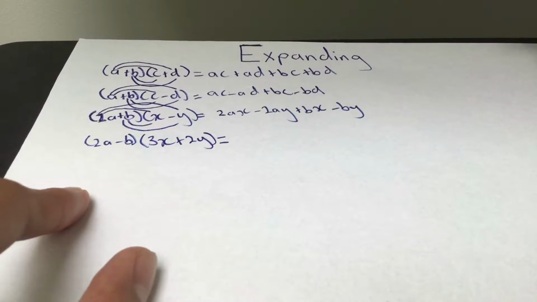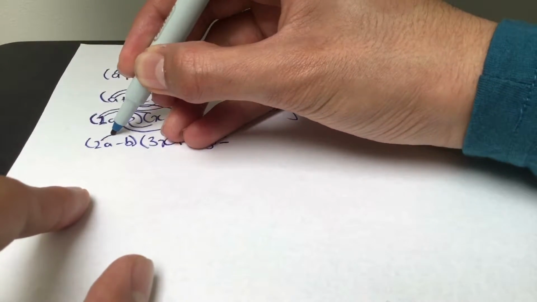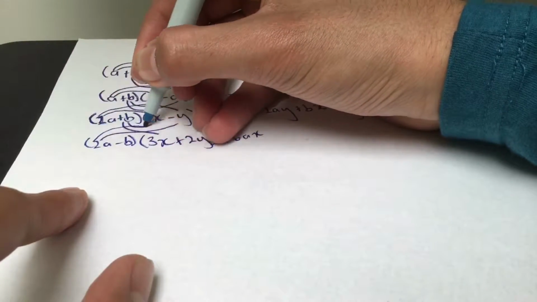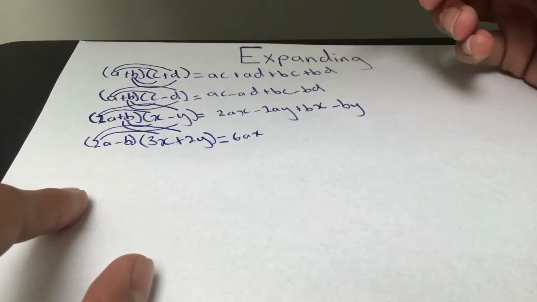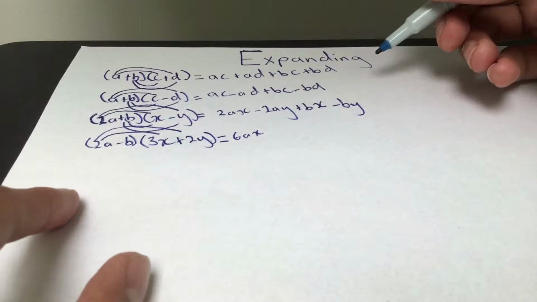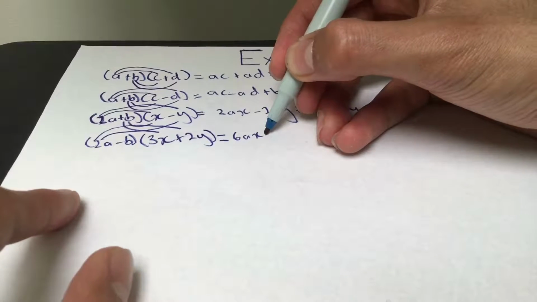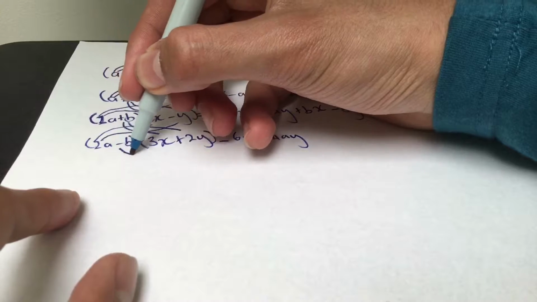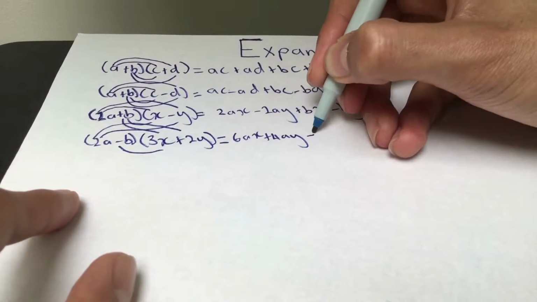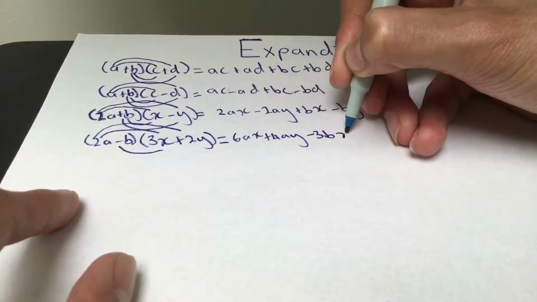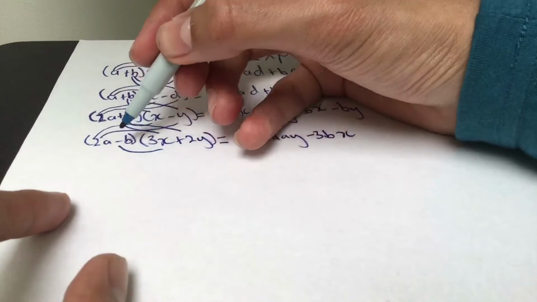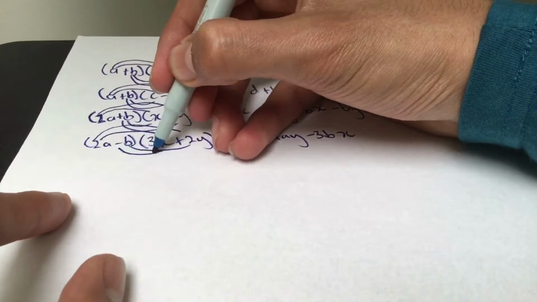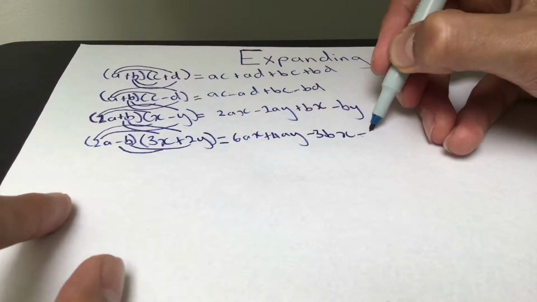Okay, using the same concept, 2a times 3x, which is 6ax, then you go 2a times 2y, which is 4ay, then you go negative b times 3x, which is minus 3bx, and then negative b times 2y, which gives us minus 2by.